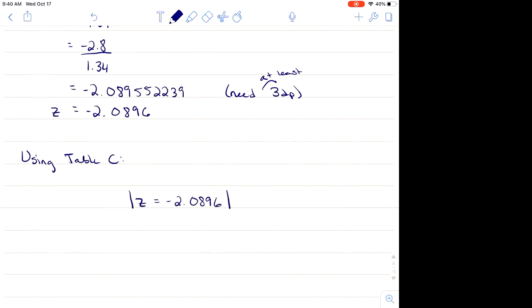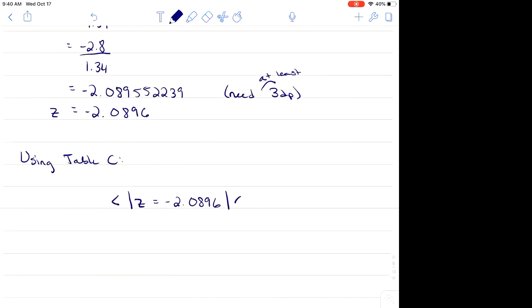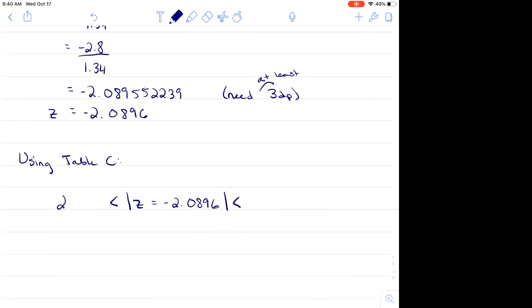The absolute value takes away the negative, and so 2.0896 is between 2.054 and 2.326.